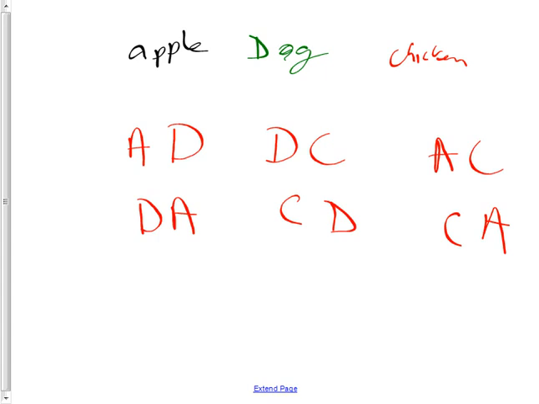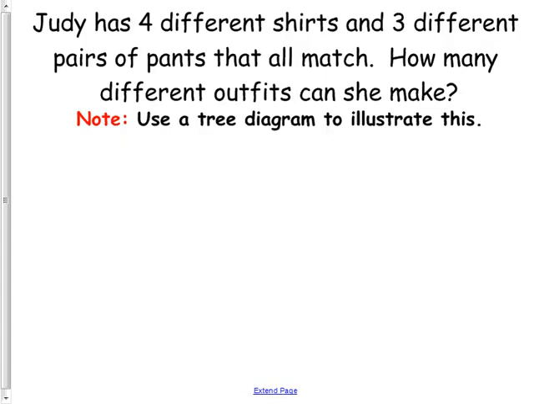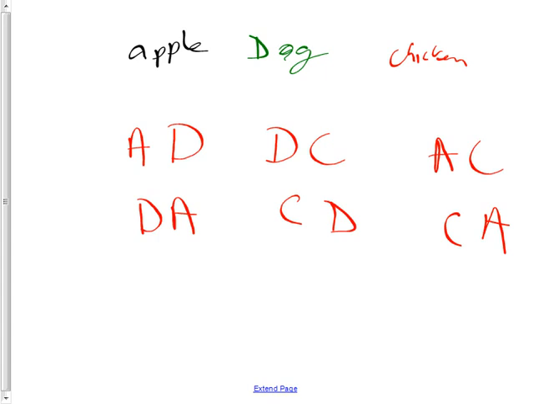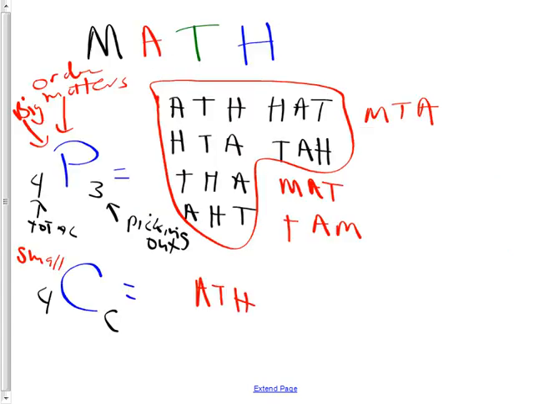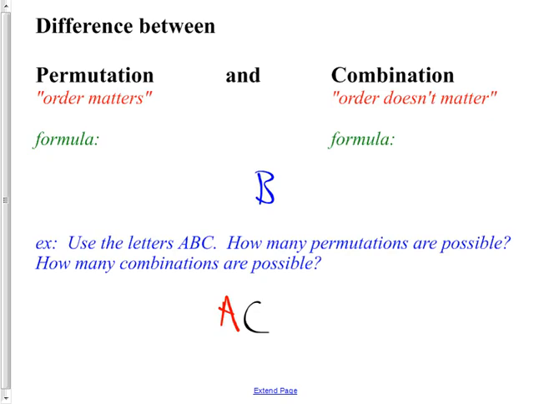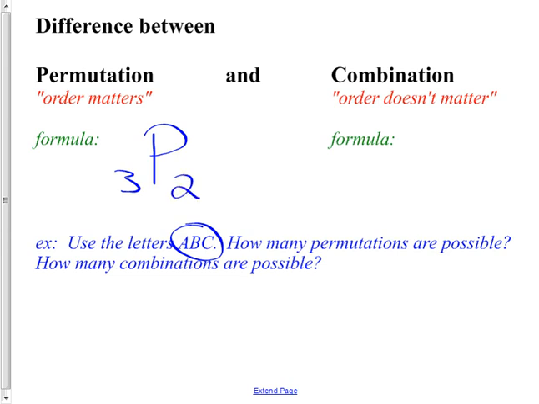Okay, so now let's actually get into some problems here. Oh wait, I got to show you also how these are calculated. There's a formula right here. Now, if I want to take this one where I had the A, B, and the C, and I was going to pull out two-letter combinations, the way you would write that for a permutation is you start with a big P, and you say I have 3 letters to start with, and I'm going to pick out sets of 2.